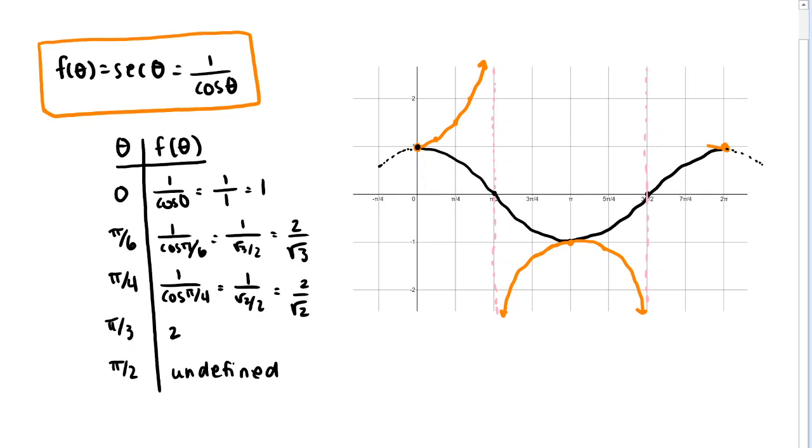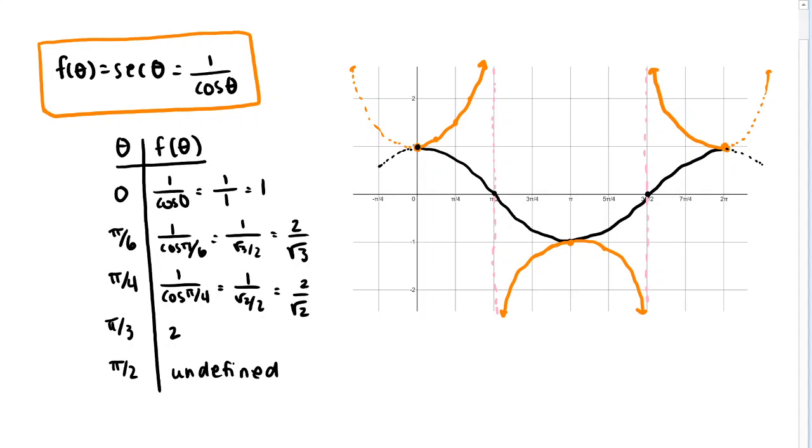And as we move away from this point towards 3 pi over 2, we're dividing by some small amount from cosine of theta, and so that's going to make our values get larger and larger. And so really this is the shape of our secant function, and it repeats itself in this way, but it can pretty much be built from our cosine graph.